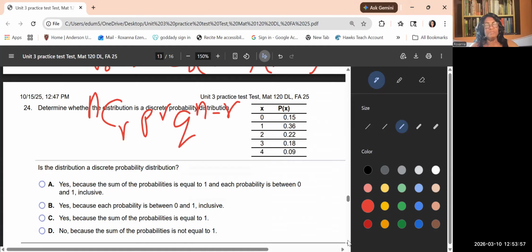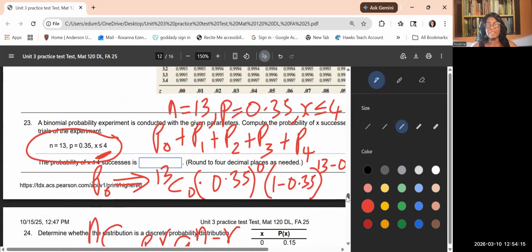So you see that I have n combination R, success to power R, failure to power n minus R. That's exactly what I have expressed above. 13 is the sample size, combination 0, because I'm looking for P0.